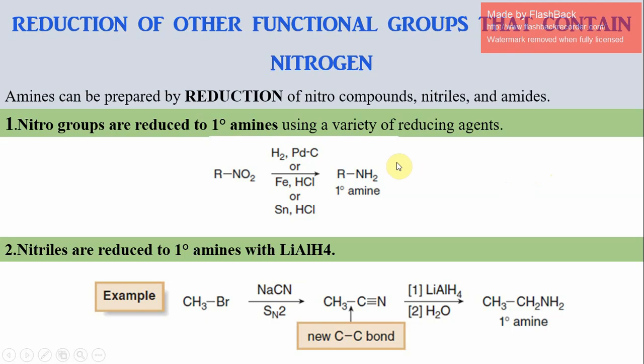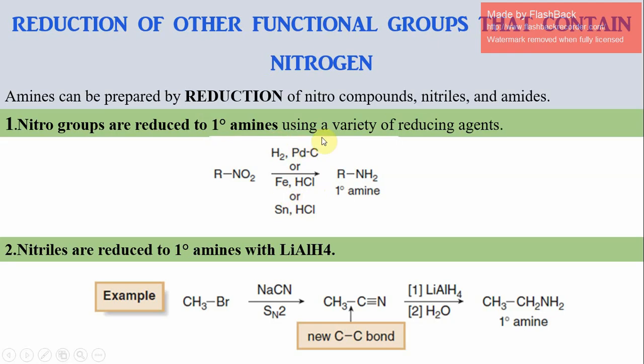Another important method for the preparation of amines is the reduction of organic molecules with nitrogen containing functional groups. Nitro compounds, organic molecules with the nitro group, can be reduced with hydrogen and metal, like hydrogen, palladium, carbon, or metal with the acid.